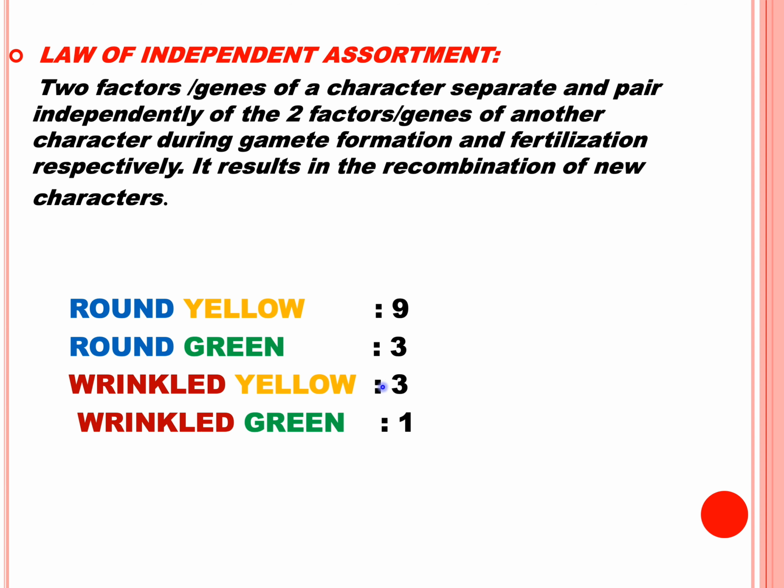In F2 generation we have seen round shape of seeds with yellow color and wrinkled shape of seeds with green color as the parental traits, but along with them the new traits also appeared in the F2 generation, that is round shape of seeds having green color of seeds and wrinkled shape of seeds having yellow color of seeds.